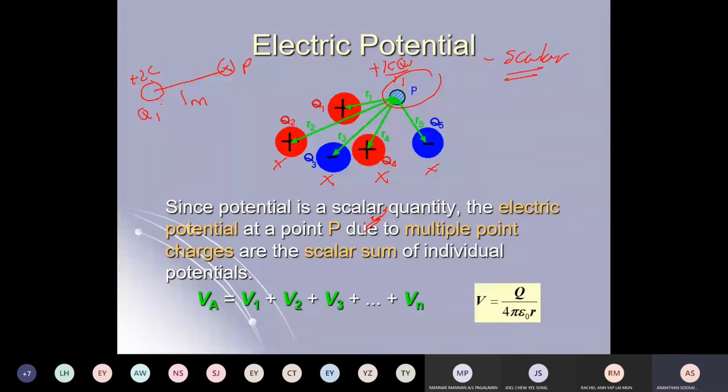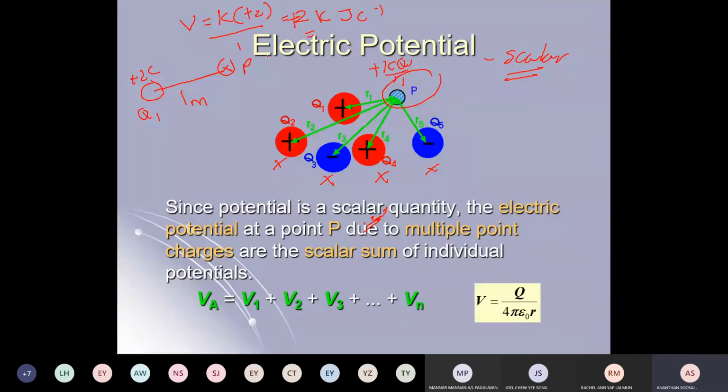So what is the potential caused by Q1? The electric potential V caused by Q1 is k times positive 2 over r, which is 1. So it is actually 2k. I don't want to convert the k into a value; you have to substitute the k. 2k joule per coulomb. That's the potential at P, positive.